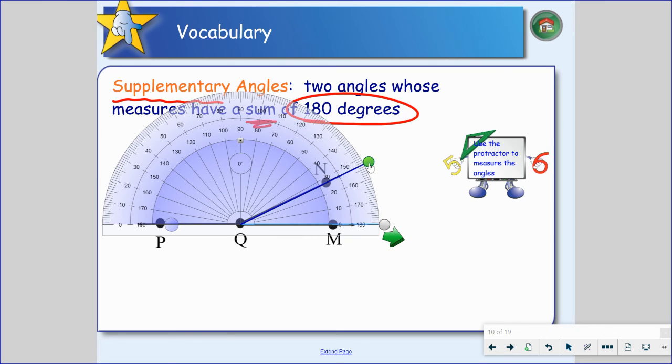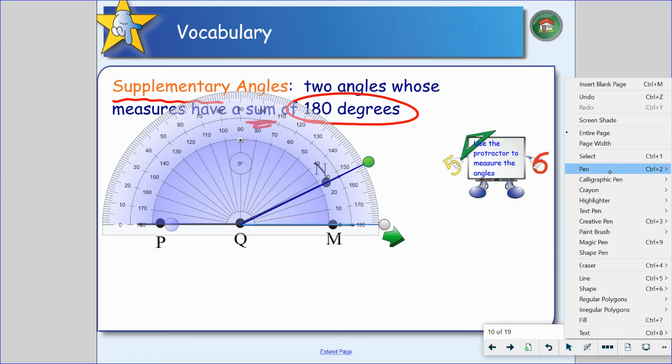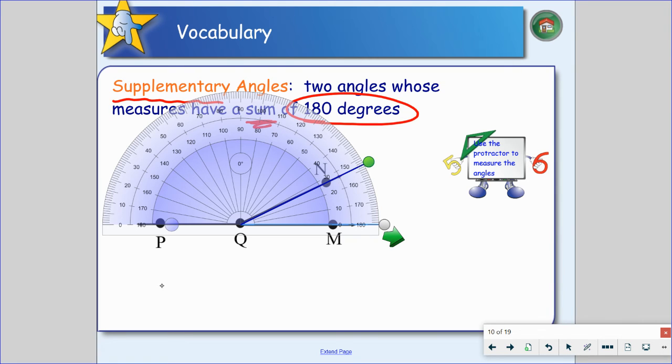And now I'm going to go ahead and notice that angle MQN appears to be 27 this time. Gosh, I hope I didn't mismeasure the last one. My apologies if I did. So if angle MQN is 27 degrees, what must angle NQP be in order for these to be supplementary?